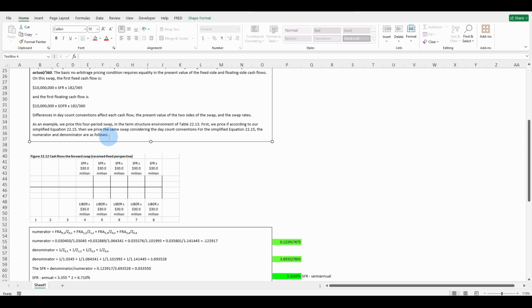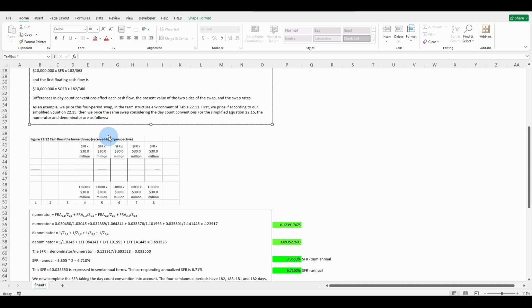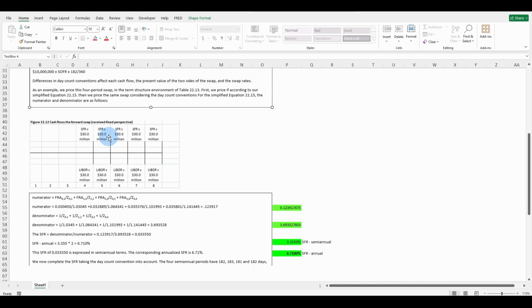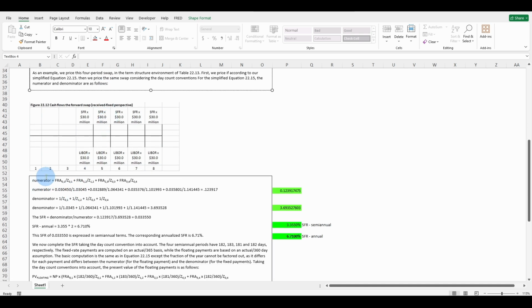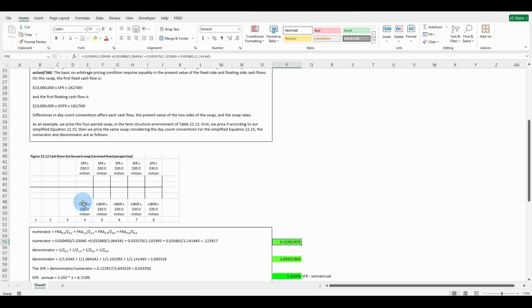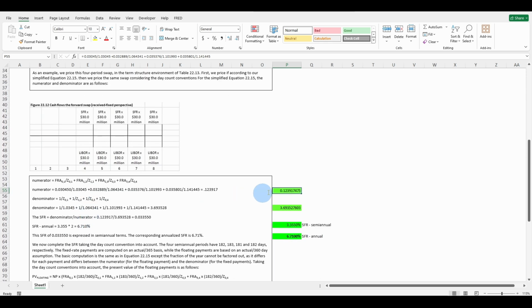For the simplified equation 22.5, the numerator and denominator are as follows. So here we have the numerator, which is going to be this number. Remember, we have this 0.03 divided by, and so on and so forth. And we're going to generate this number here. Then we have a denominator, which is, here's your FRA, and then here's your 0.